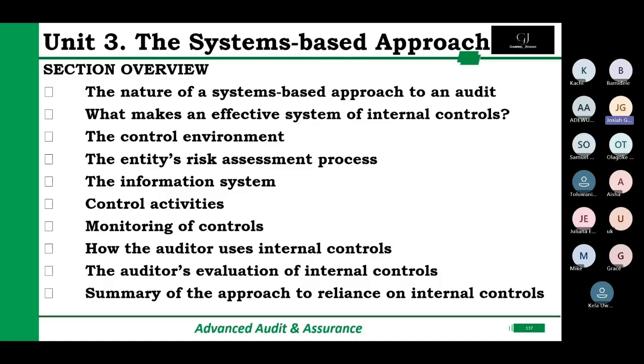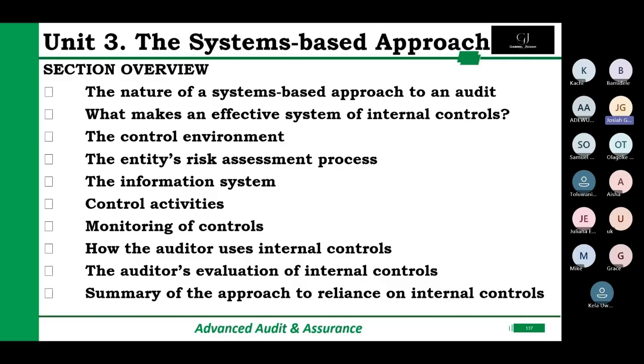So let's look at the system-based approach. We'll be looking at the nature of the system-based approach to an audit, what makes an effective system of internal control, talking about the control environment, risk assessment, information system, control activities, and monitoring.